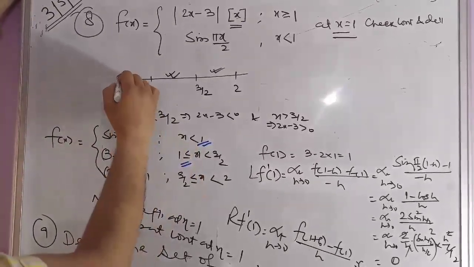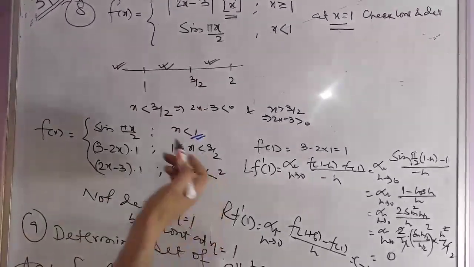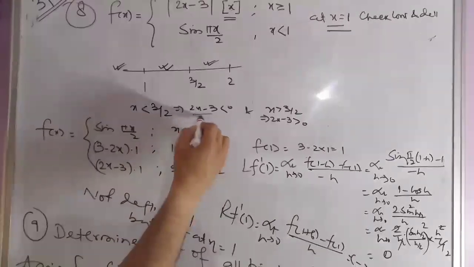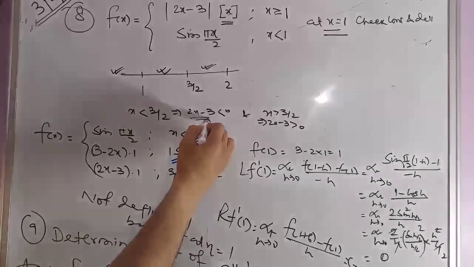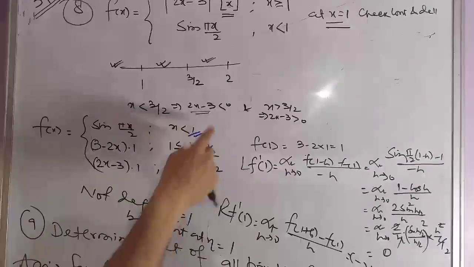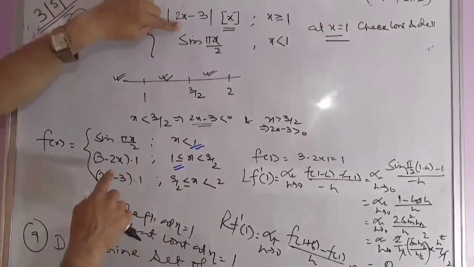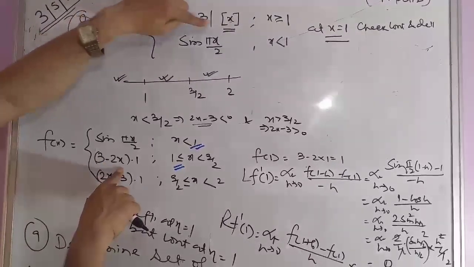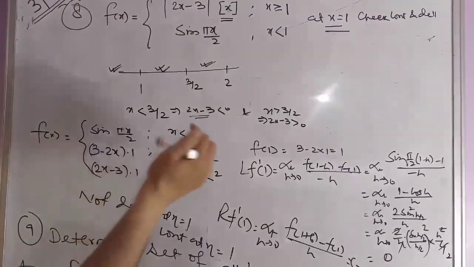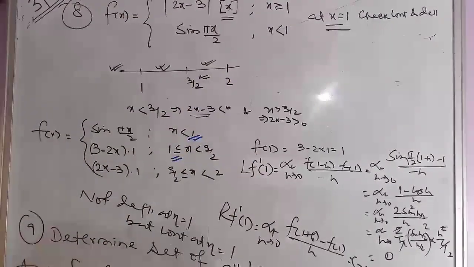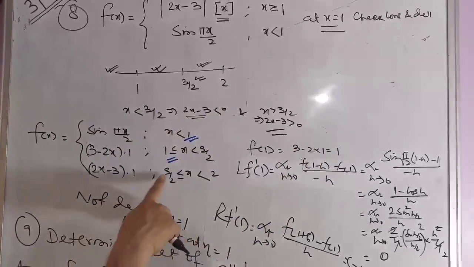When x lies between 1 and 3/2, 2x − 3 < 0, so |2x − 3| = 3 − 2x, and the integral part of x is 1, so f(x) = (3 − 2x)·1. When x is between 3/2 and 2, 2x − 3 > 0, so the factor is 2x − 3.